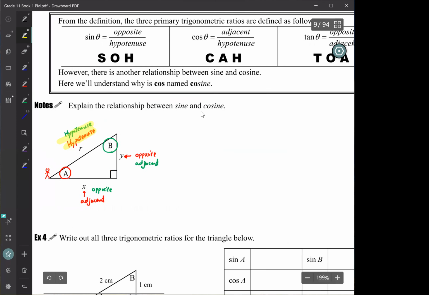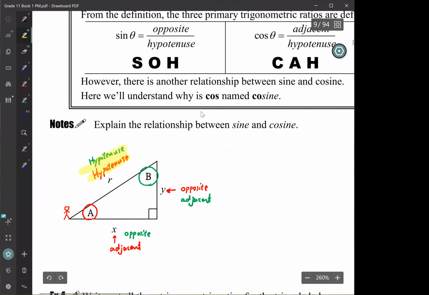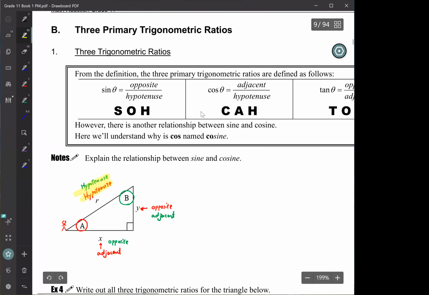So using the 3 sides, now you know how to name them. You have 3 combinations to make ratios, okay? These are the trig ratios. Ratio means the ratio of sides. When you write a ratio, you can write it as a fraction, okay?